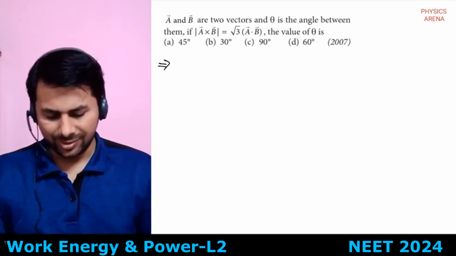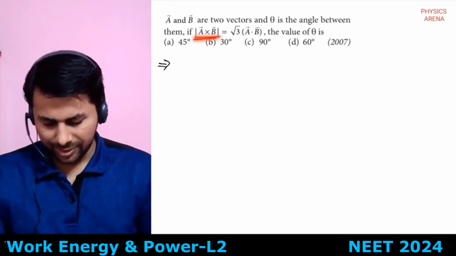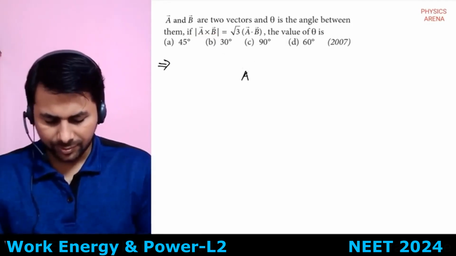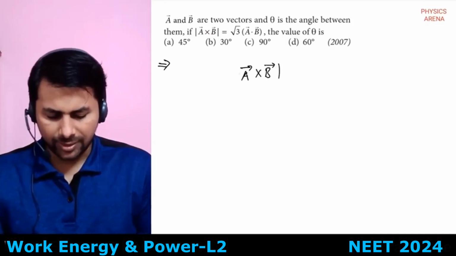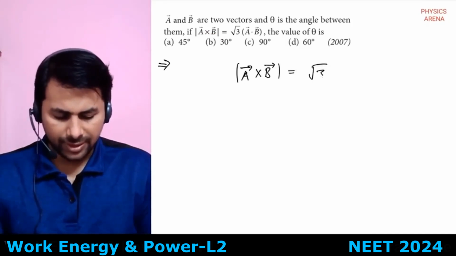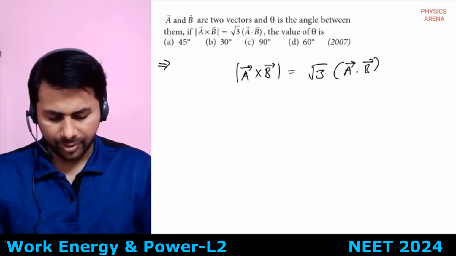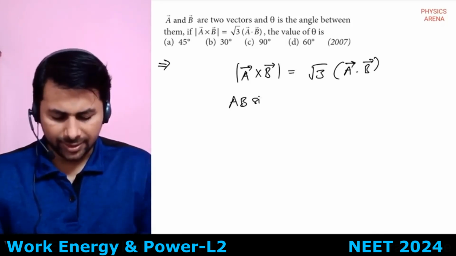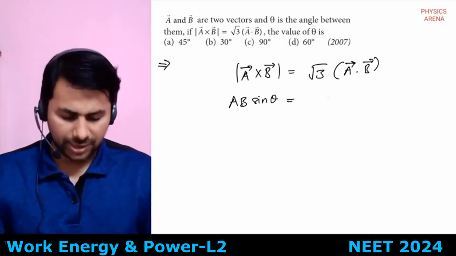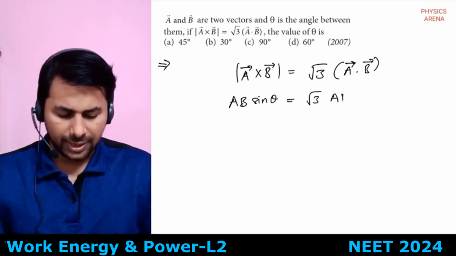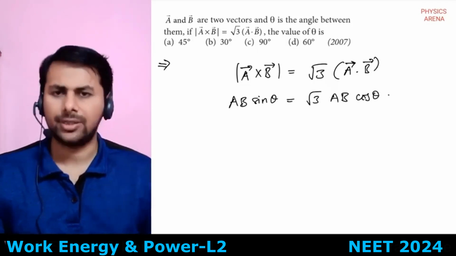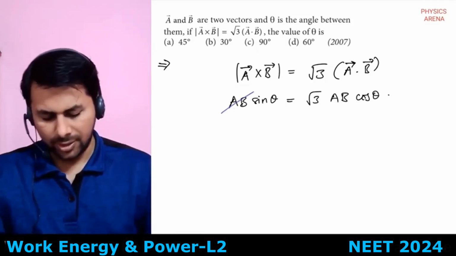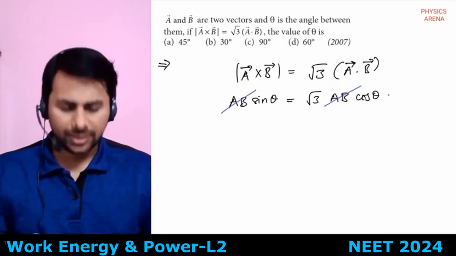This is simple. Okay. So this thing is you have a bar cross b bar equals root 3 times the magnitude of a bar dot b bar. So this is ab sin theta is equal to root 3 times ab cos theta. ab gets cancelled.